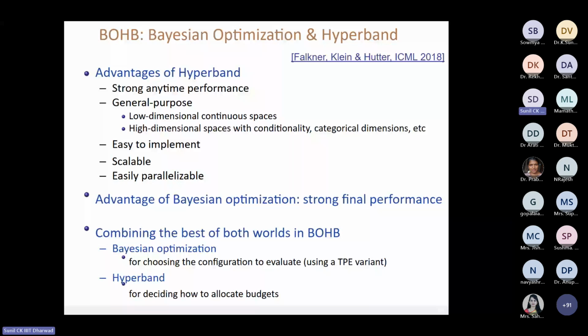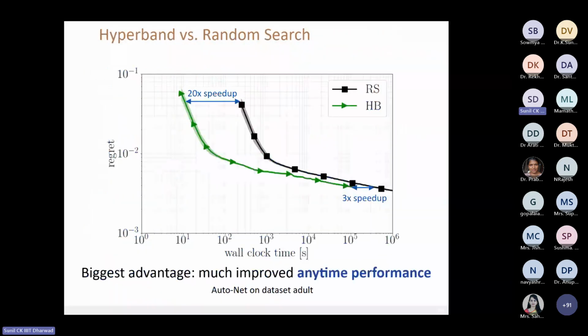You can combine them and take the advantages of both, since Bayesian optimization is for one task and Hyperband is for the other. And if you go with Hyperband versus random search, the advantage is improved anytime performance; the loss is going to keep on decreasing.